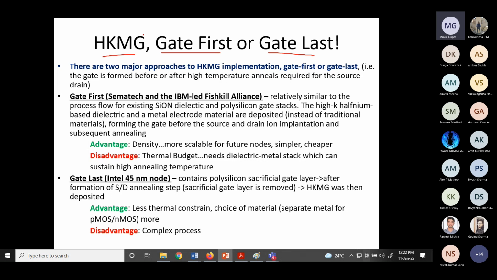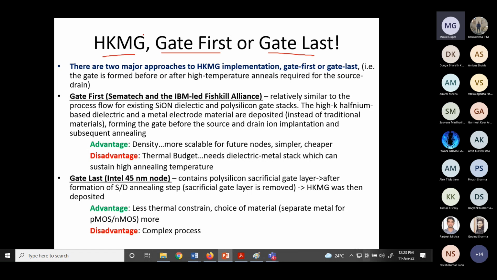As long as the adhesion and everything is okay, we can use any metal if it is a gate last approach. But gate first approach is the need of the hour, because if you use gate first approach, you'll be able to reduce the dimension of the MOSFET that we discussed in the last class, right?